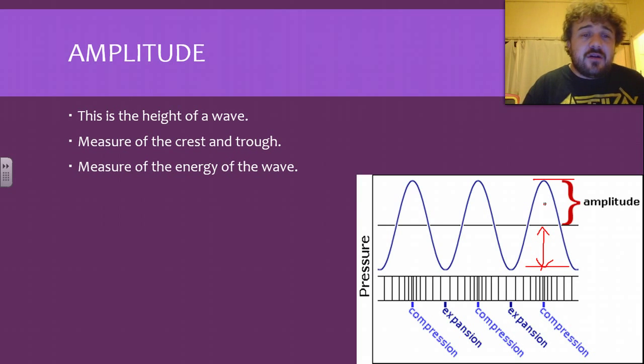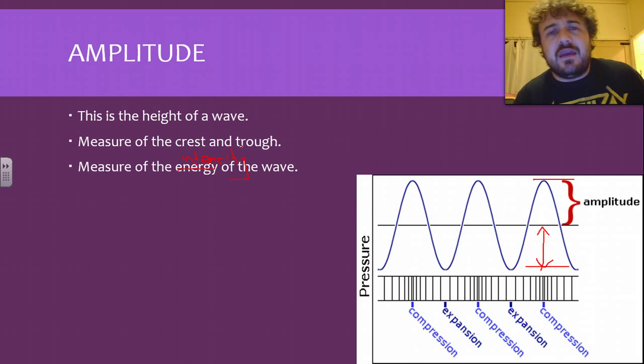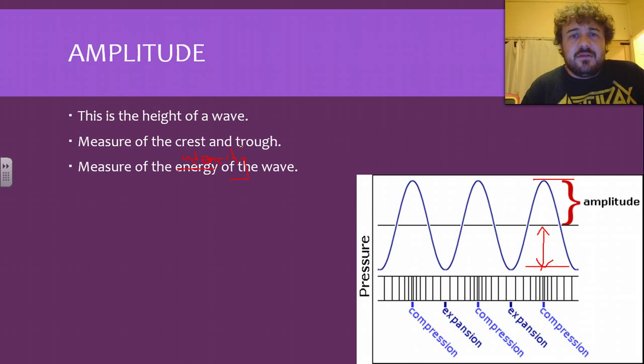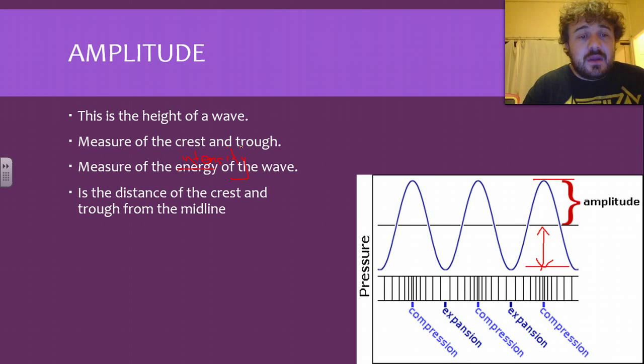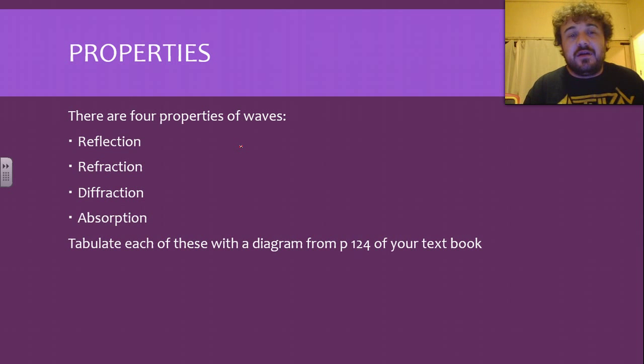They are a measure of the intensity or power. What this means is, as the amplitude of a sound wave increases, the louder the sound. As the amplitude of a light wave increases, the brighter the light. So it's the distance between the crest and the midline, or the trough and the midline.